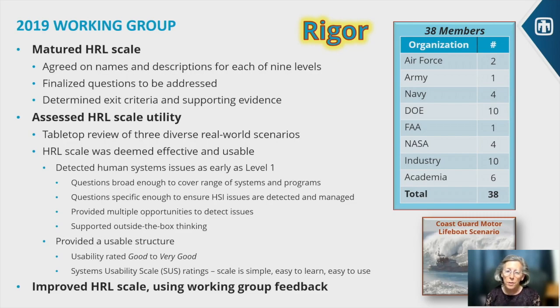And so with the feedback obtained through the working group, we were able to improve and really finalize the HRL scale, the labels, the definitions, the questions. And that's what prepared us then to go into the phase of writing the HRL standard.